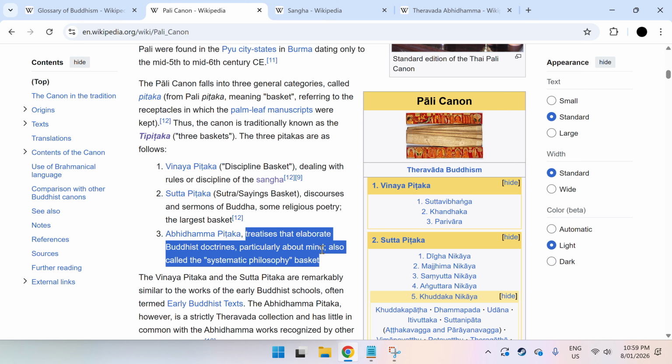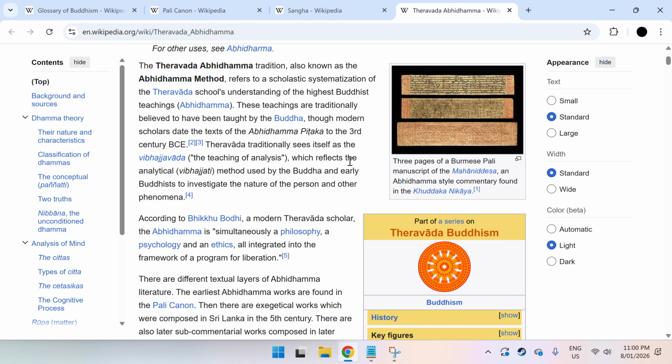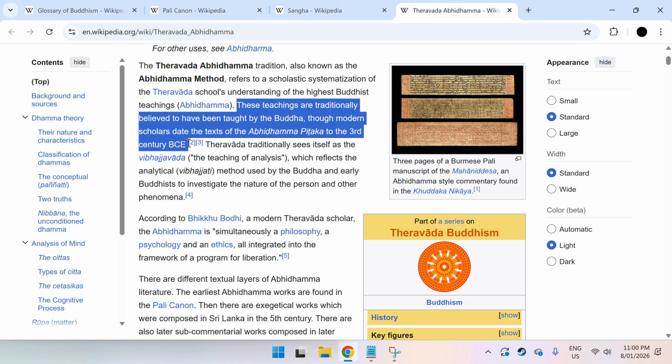Okay, I guess you could describe this as similar to tertiary literature. I guess these are people interpreting the Buddha and drafting up doctrines and lists. So if I go back to this page here, Theravāda, yeah, okay, so these teachings are traditionally believed to have been taught by the Buddha.